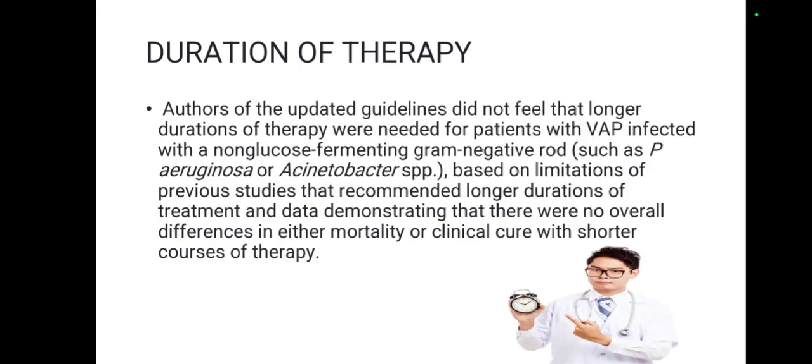The authors of the updated guidelines didn't feel that a longer duration of therapy was needed for patients with VAP infected with a non-glucose-fermenting gram-negative rod, based on limitations of previous studies that recommended longer durations of treatment and data demonstrating no overall differences in either mortality or clinical cure with shorter courses of therapy.